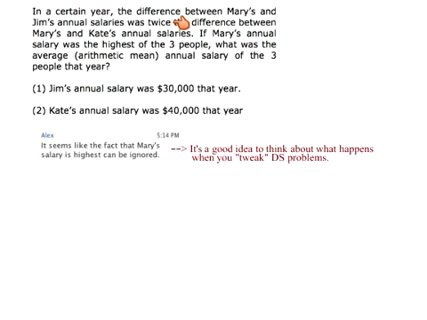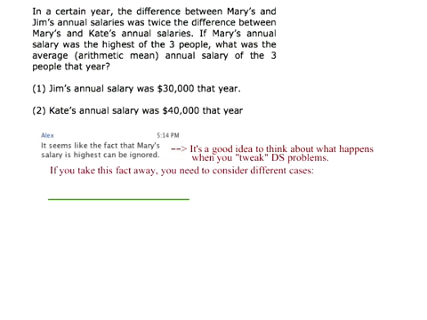So here's the problem. If you ignore the fact that Mary's salary is highest, then you have multiple possibilities. If you don't know that Mary has the highest salary, then you have to consider the cases where the other people's salaries are higher than hers. If you take this fact away, you need to consider different cases.